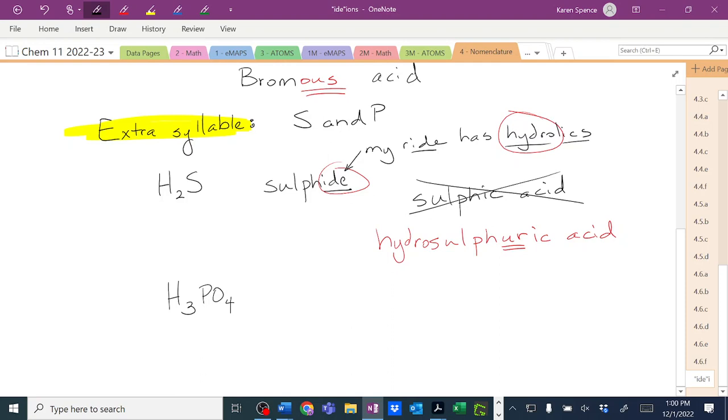H3PO4. PO4 is phosphate. I ate something icky.